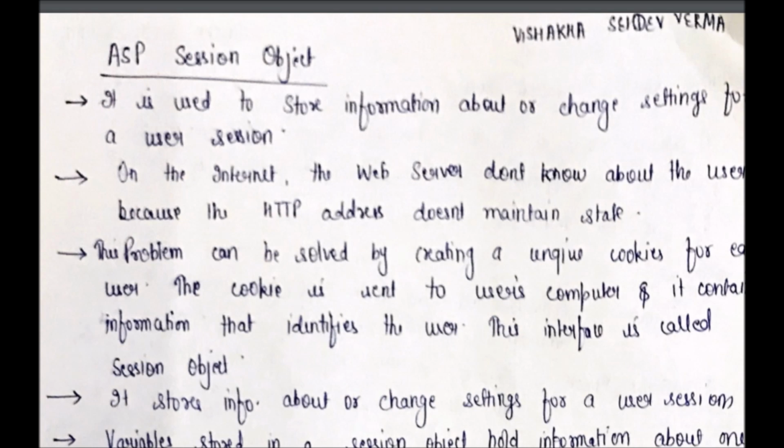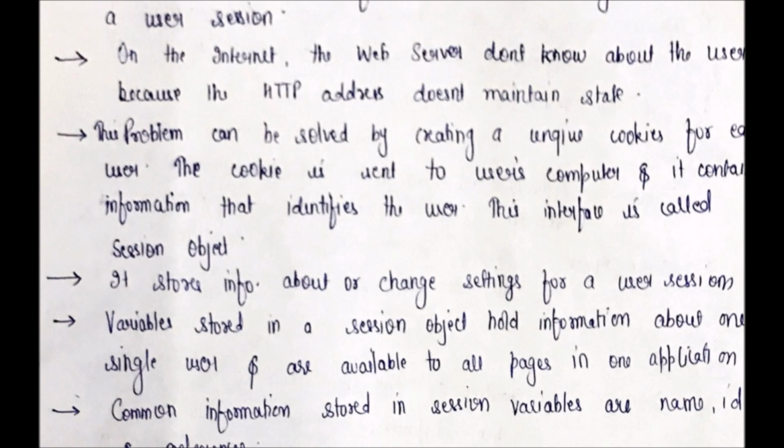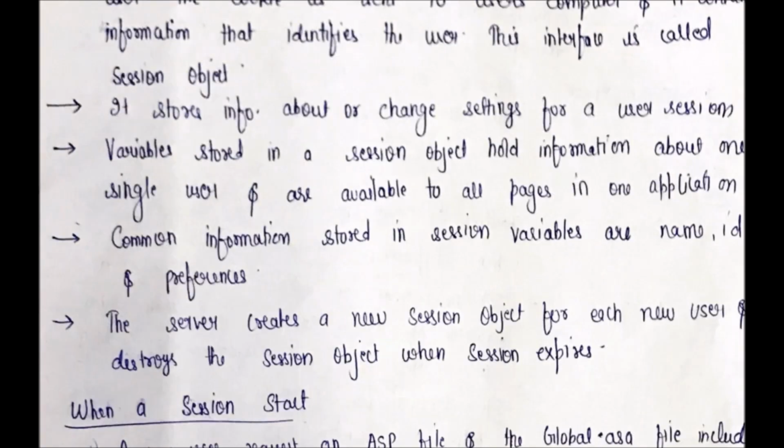It is used to store information about, or change settings for, a user session, as I mentioned earlier. Variables stored in a Session object hold the information about one single user and are available to all the pages in one application. The common information stored in session variables could be the name of the user, the ID of the user, or preferences of the user.